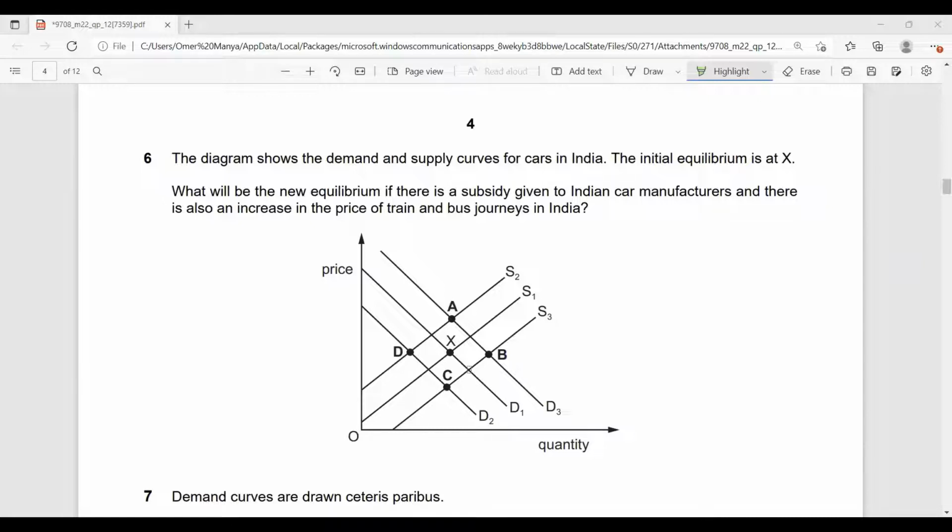So these two sets of transport can be considered substitutes. So if train and bus journeys are becoming more expensive, people might be more inclined to travel in their own cars instead. Therefore, the demand for cars in India will increase, shifting the demand curve from D1 to D3, which is why we end up at point B, which is our new equilibrium point.